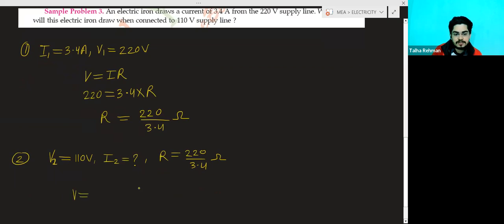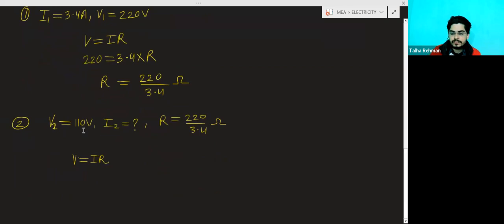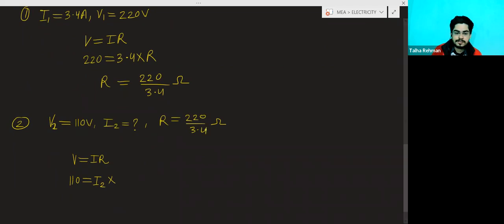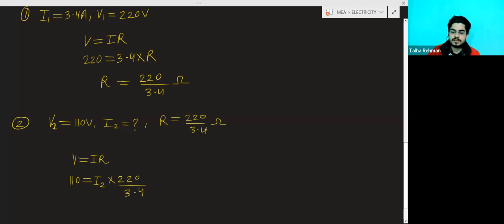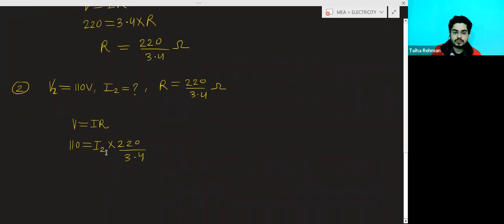Now apply V is equal to IR, and you will get I2. V will be 110 this time. You have to find the current, and the resistance is 220 divided by 3.4. Very easy.